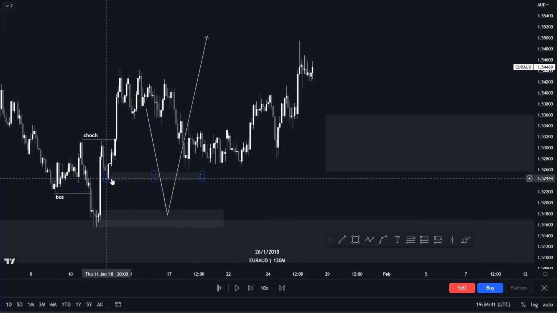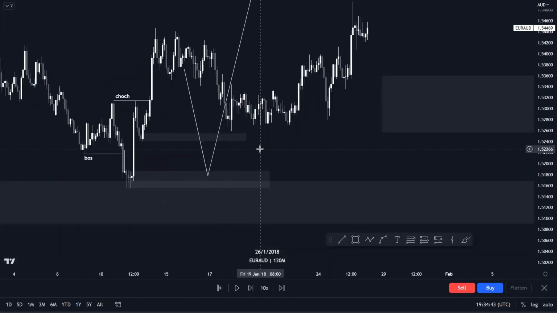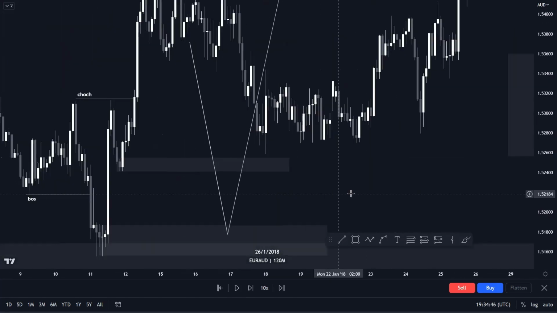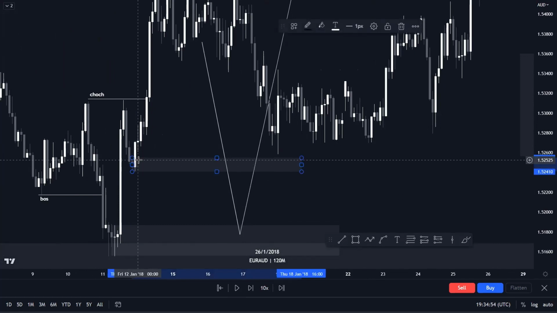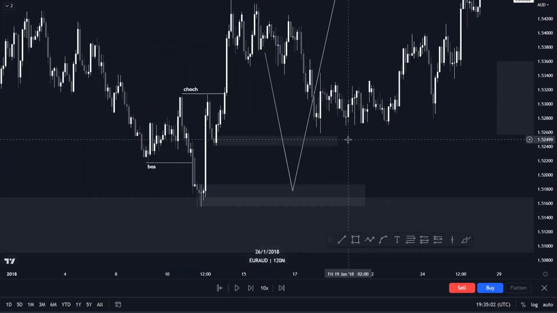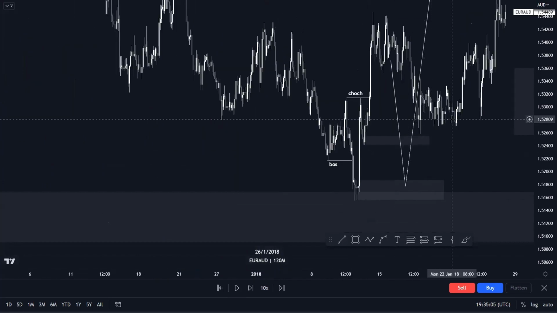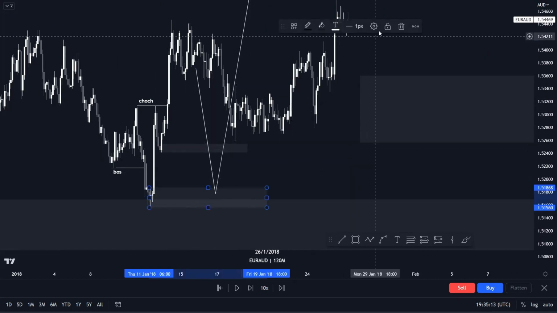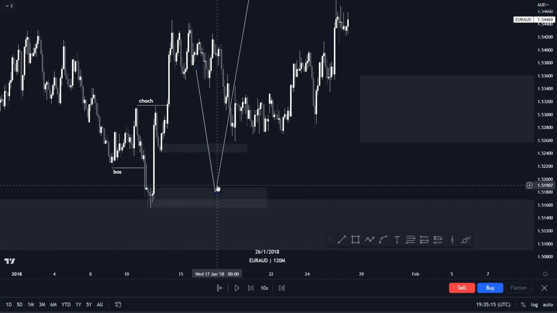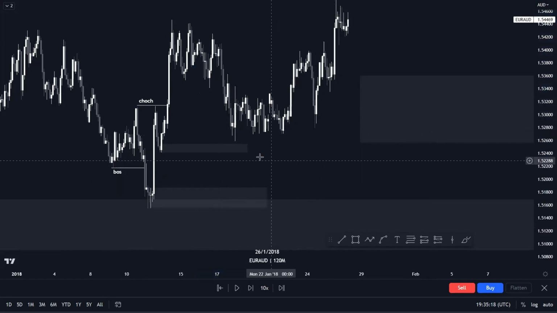Why did I use this demand area here? Because, as you can see, it gave us a little bit of an imbalance here, and a demand area is a consolidation area whereby there are a lot of orders filled. Price eventually gave us a break of structure and change of character. It didn't respect our demand area exactly, but it pushed to the upside.